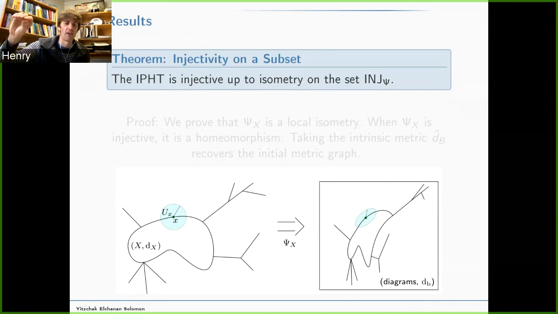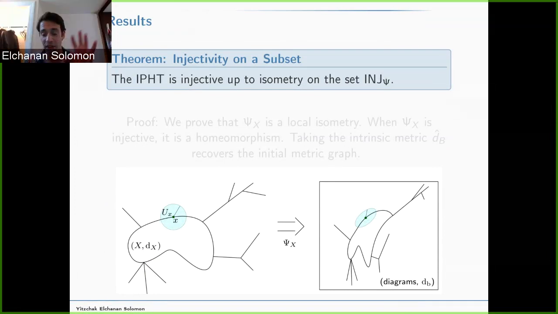And so now you're talking about IPHT, which is looking at the union of all the barcodes you get, and you're showing that IPHT is injective on this subclass of graphs. Exactly. So there's two injectivity statements here. There's a subclass of graphs which are defined using an injectivity of the map psi defined on that graph, and now an injectivity on the space of this subset of the full space of graphs. Exactly. So what's the proof?